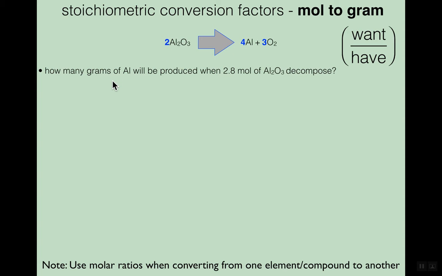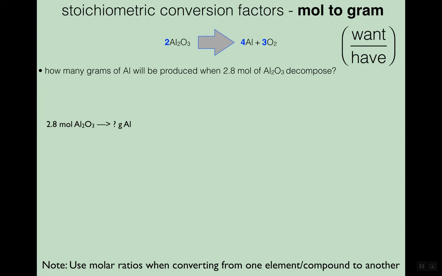The problem states: how many grams of aluminum will be produced when 2.8 moles of aluminum oxide decompose? Now, when I approach these stoichiometry problems, I like to first write out what they are giving me and what they are asking me to do, because it helps me figure out what I need to do to get to the answer.